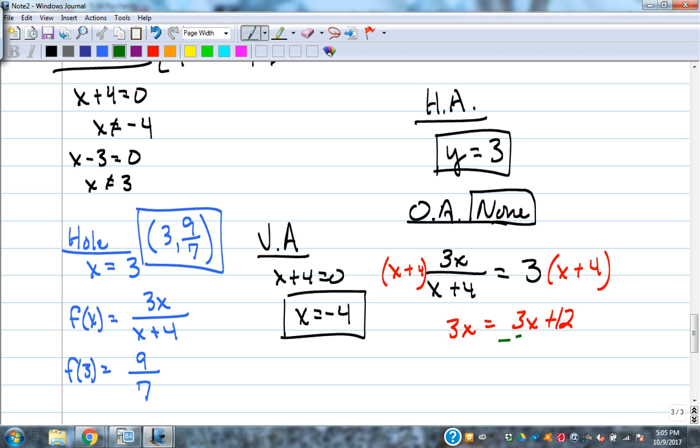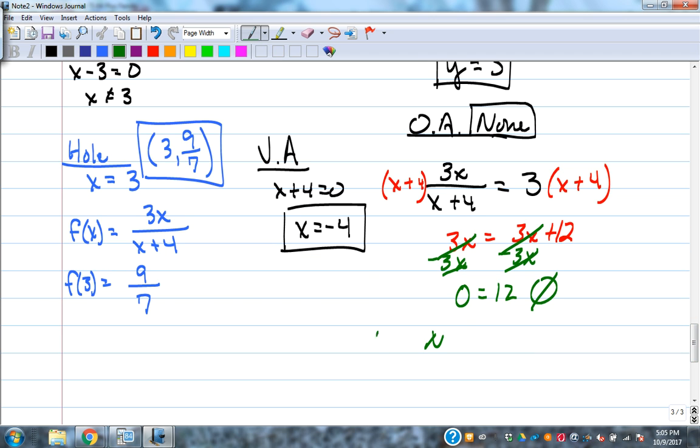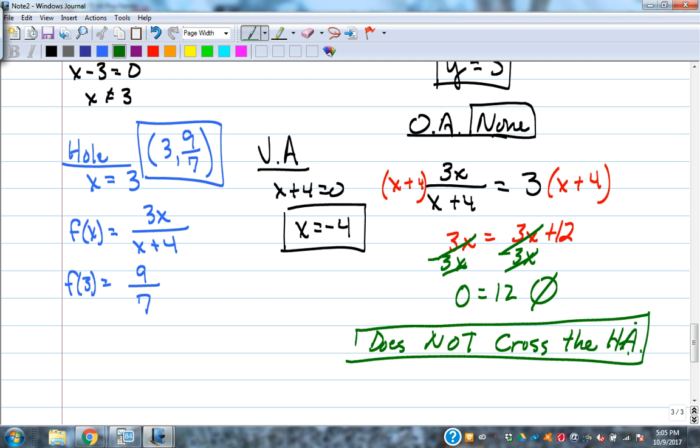If I try to solve that, it's going to be 0 equals 12, which is no solution. So it does not cross the horizontal asymptote. My handwriting is getting worse. If we get a number that says x equals, then that's a yes, it does cross the horizontal asymptote at that x value.